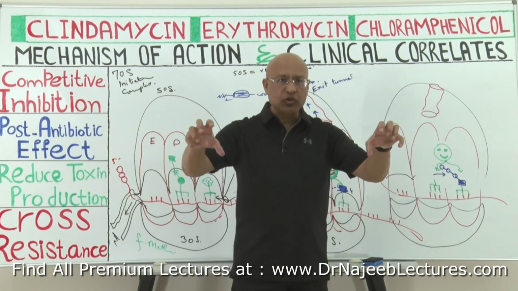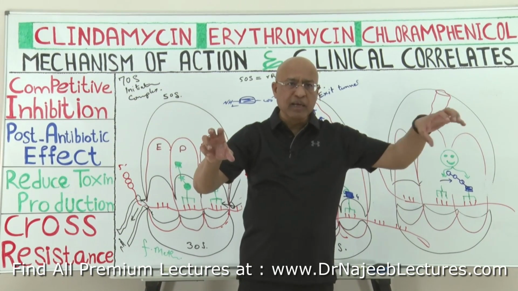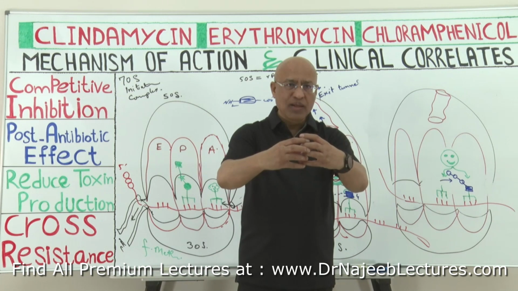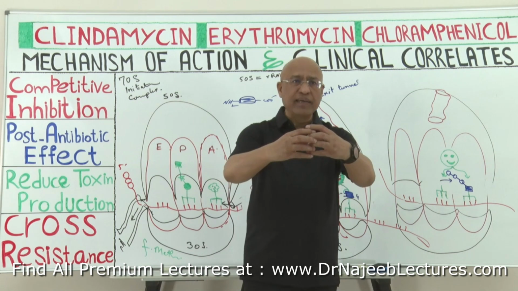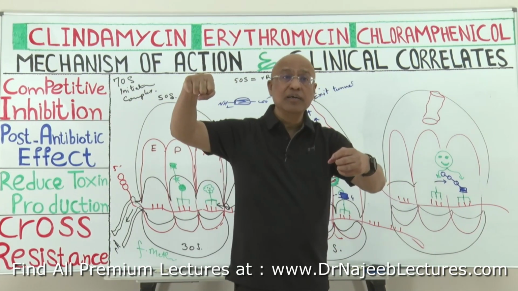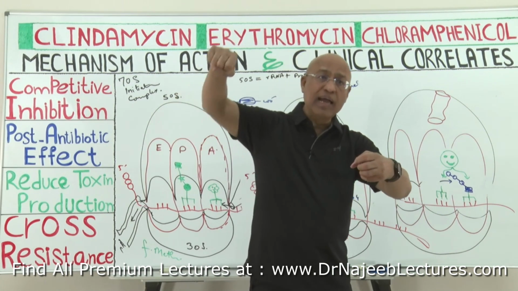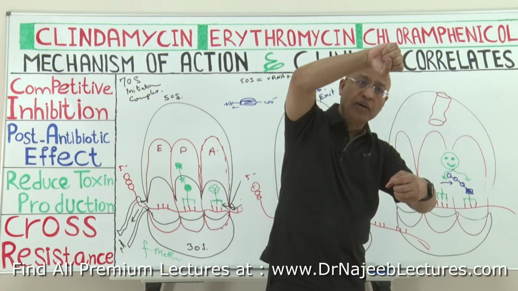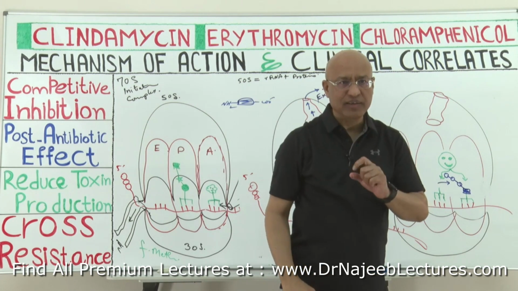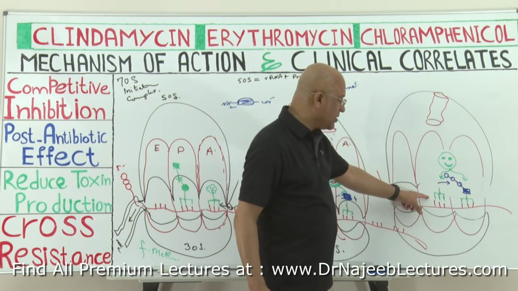And I will bring those amino acids together. Here was the peptide chain, and here was the new amino acid. I will bind them together, and after binding I will detach the chain from the P site transfer RNA and transfer this peptide chain to the new amino acid at the A site. Are you understanding?